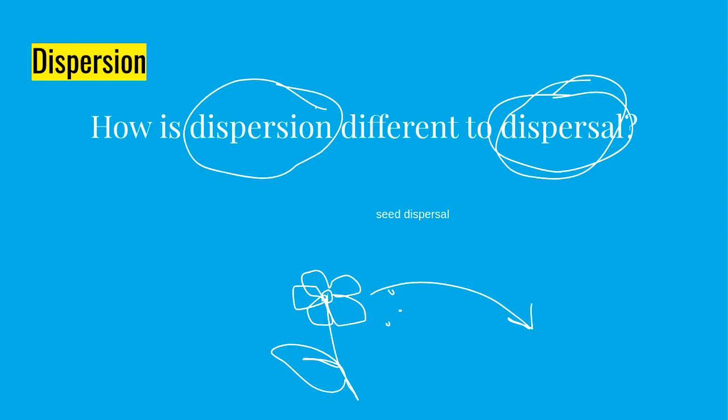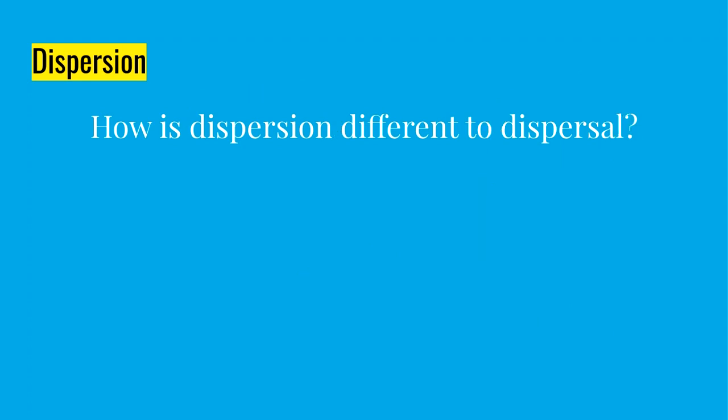That's called seed dispersal. How far away it gets from the parent depends on this seed dispersal. So dispersal is about how far away the kid is gonna end up from the parent. You can also think of it like moving away from home, maybe. So what is dispersion?